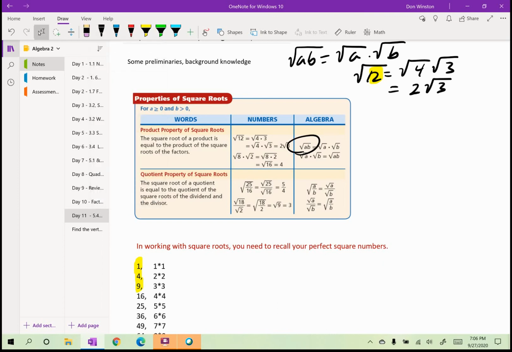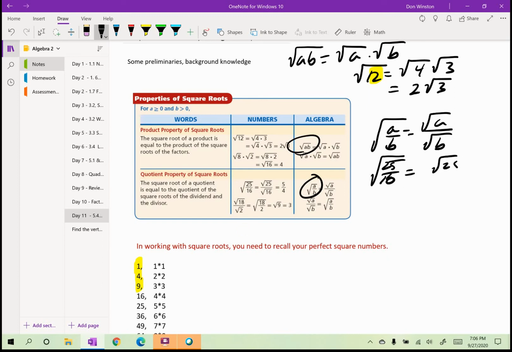And then the other thing is this property here, that the square root of a over b is just equal to the square root of a over the square root of b. So they gave us an example there, the square root of 25 over 16. That's equal to the square root of 25 over the square root of 16, which is just 5 over 4.